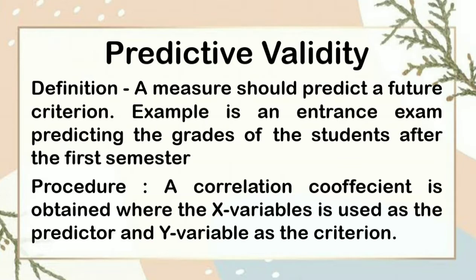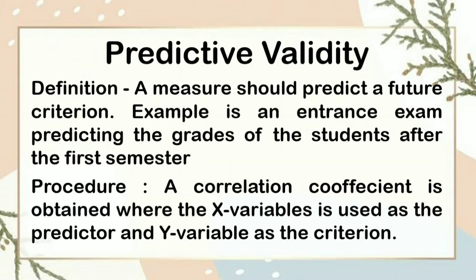Predictive validity: a measure should predict a future criterion. An example is an entrance exam predicting the grades of the students after the first semester. Predictive validity is the degree to which test scores accurately predict scores in a criterion measure.